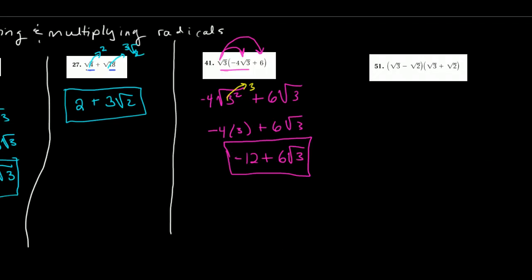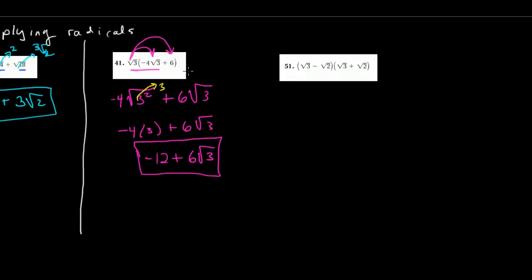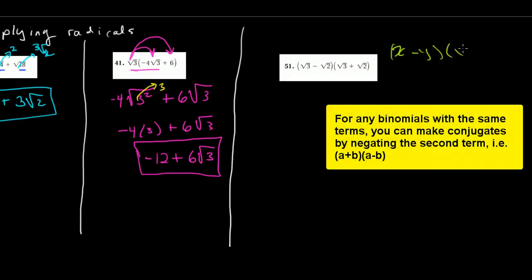Now, let's have a little bit more fun with our distributing ability. Let's take a look at the quantity radical 3 minus radical 2 times the quantity radical 3 plus radical 2. And let's see how that works out, a lot like something that we are already familiar with, x minus y times x plus y.